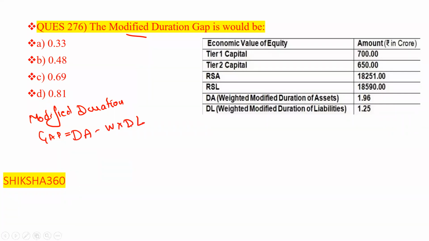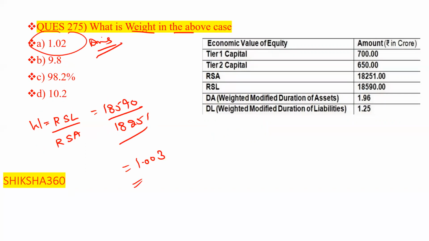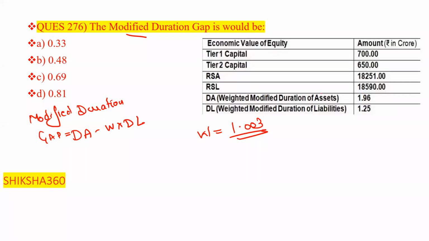We know that W is 1.003, the value we have calculated. Approximately, the option is 1.02, so we will write W as 1.02.